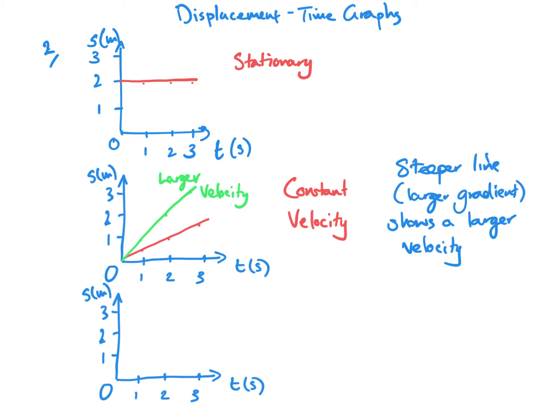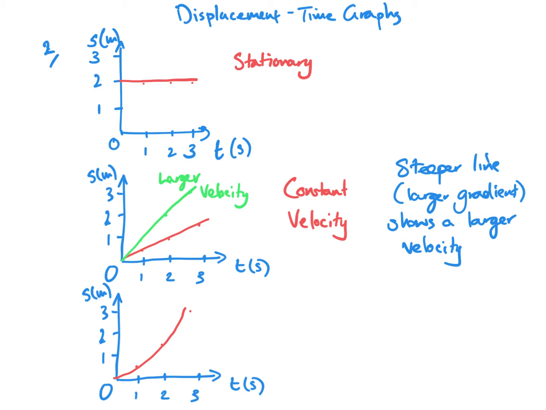And then the last one I'm going to try and draw is if this was a curve, if the displacement was a curve. I'm going to put in a couple of guide dots just to try and help me a wee bit here. Yeah, I've not drawn it particularly great.